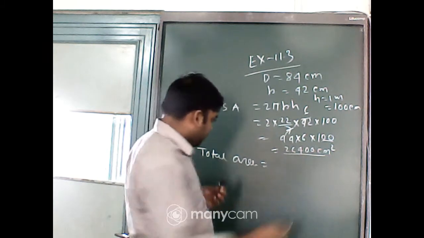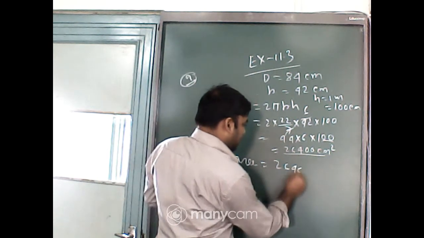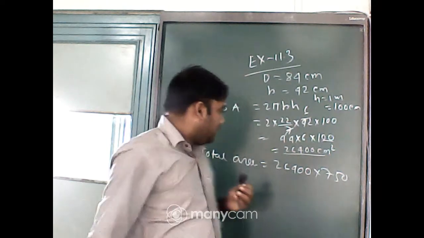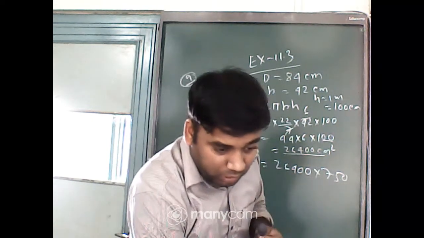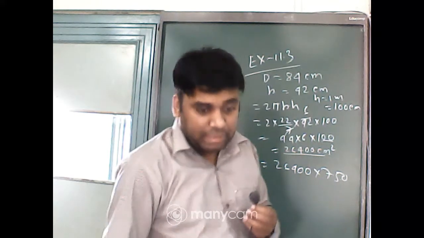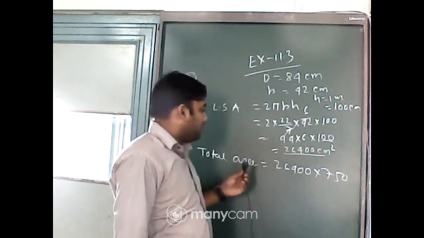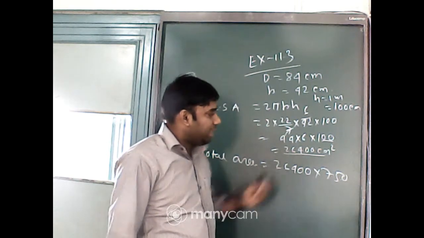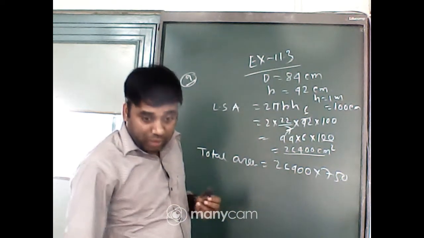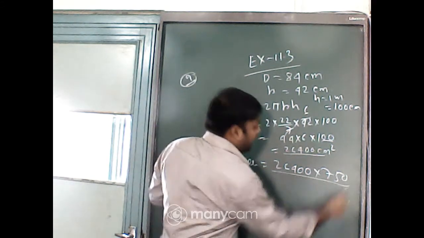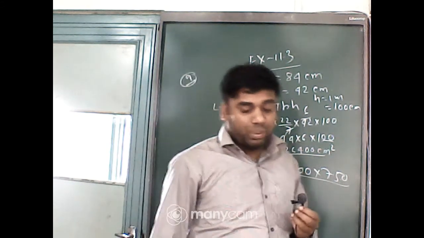For 750, 26400 into 750. So you will get that area. Now it's a big multiplication, students. Just find it in centimeter square, change into meter square. What will I divide here? Tell me quickly.